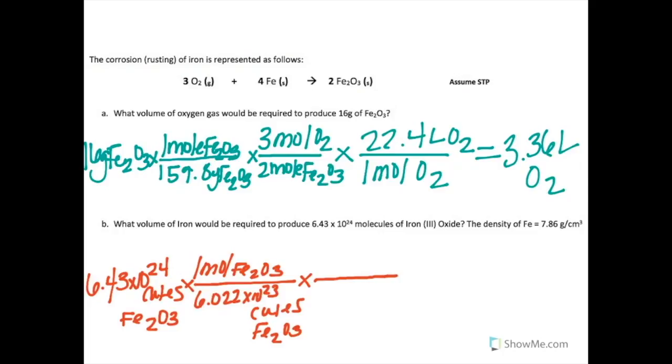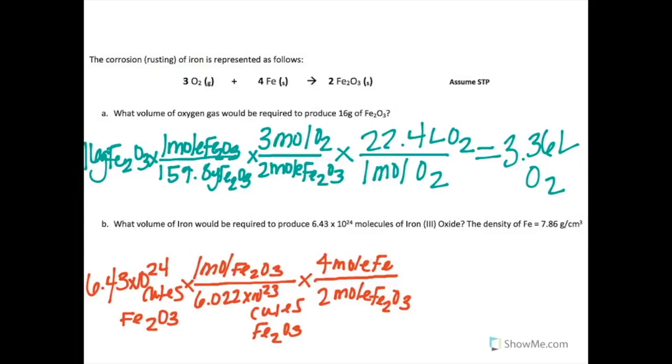We're trying to calculate the volume of iron from the molecules of iron 3 oxide. So the mole-to-mole ratio would be what you have on the bottom and what you want on top. Based on the chemical equation, that is 2 moles of the iron 3 oxide, and the mole ratio will be 4 moles of iron solid.